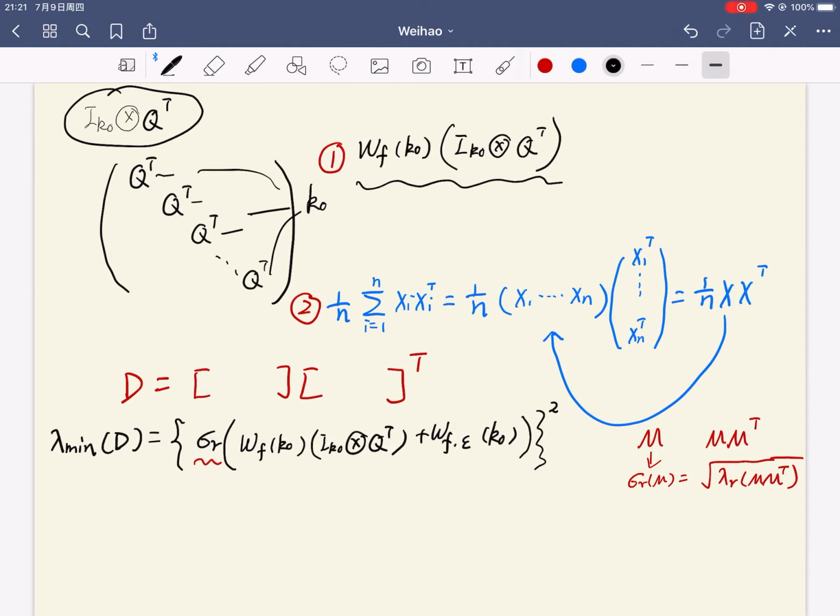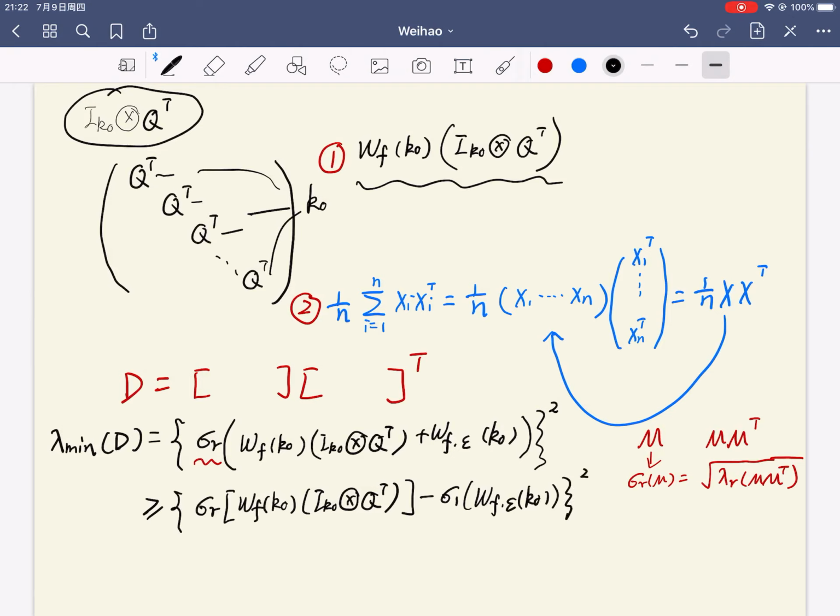Next, we apply a useful inequality called Weyl's inequality. Weyl's inequality says, for matrices A and B, we have the following.